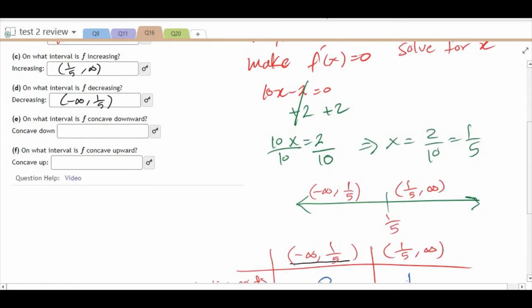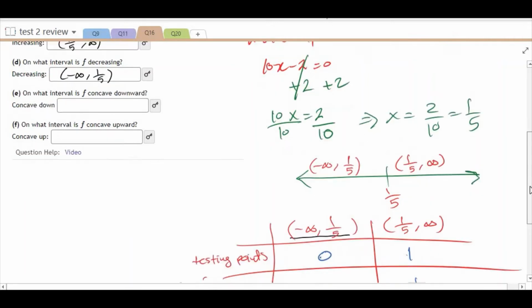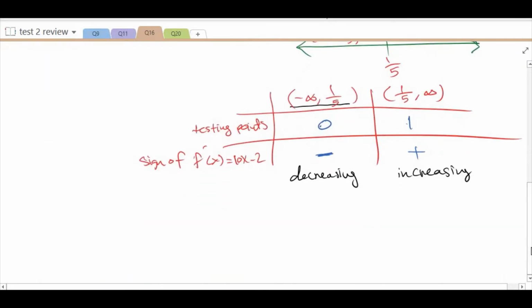The last part of the question is asking about concavity. In order to figure out the concavity of the function, we need to figure out where the second derivative is negative or positive, and in order to do that, we need an inflection point. To remind you of what an inflection point is, imagine that we have this graph right here.